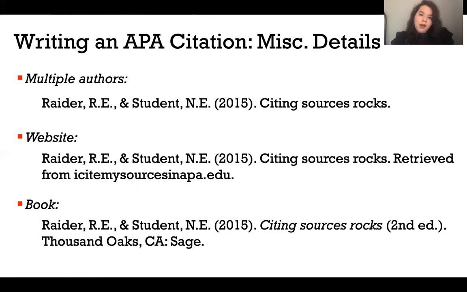You may have multiple authors. The format stays the same. You just use an ampersand in between the names. If it's a website, you'll use the URL at the end of the citation. And if it's a book, we need to know about the publisher if that information is available. So in our example down here, we've got Sage as the publisher and their location.